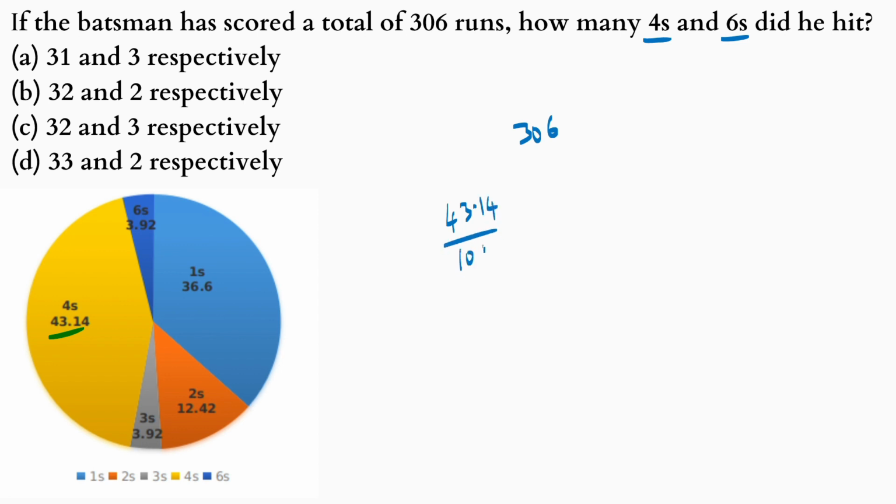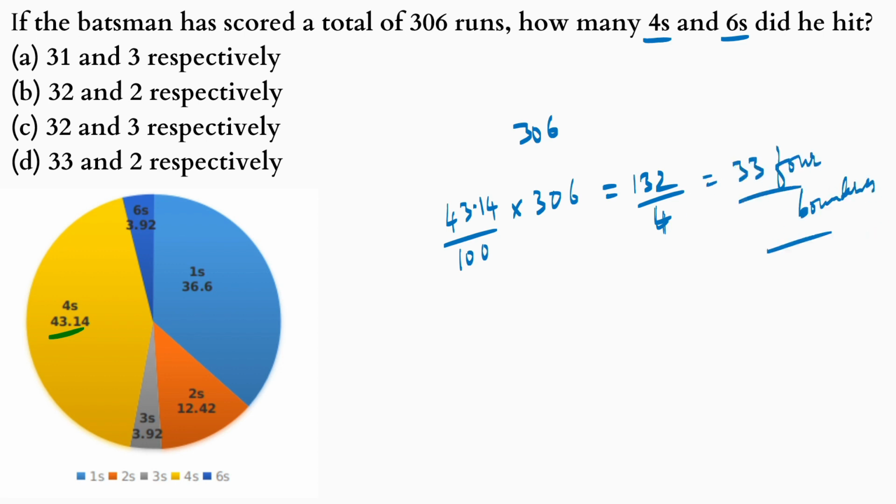So 43.14 by 100 into total runs 306. This is 132. So 132 runs are scored by that batsman in the form of fours, which means how many fours did he hit, divided by 4. So this is equal to 33 boundaries.